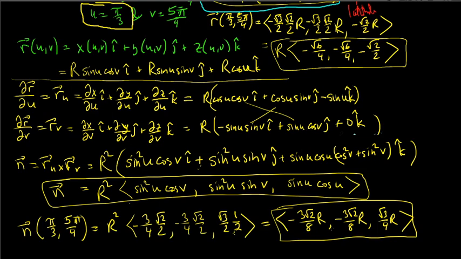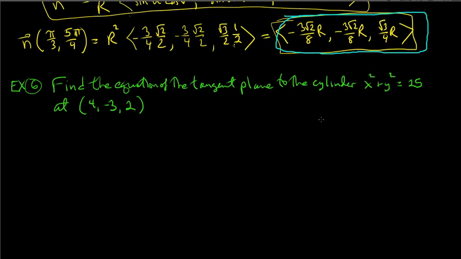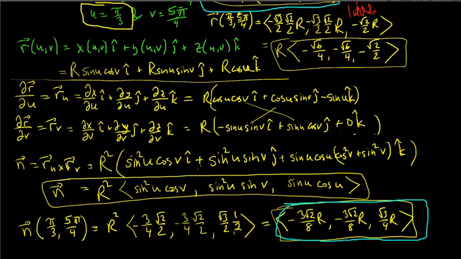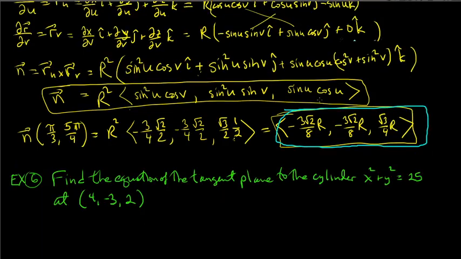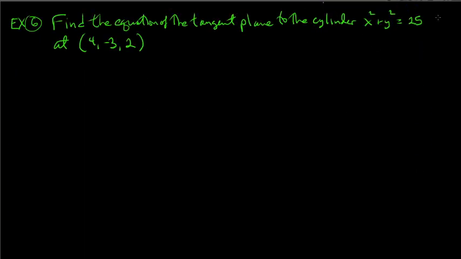So this is your a, b, and c. This is your x0, y0, z0. Put it all together and you get the equation of a plane. Obviously, it's going to depend on r because it depends on the radius. But here this is a specific cylinder with radius 5.